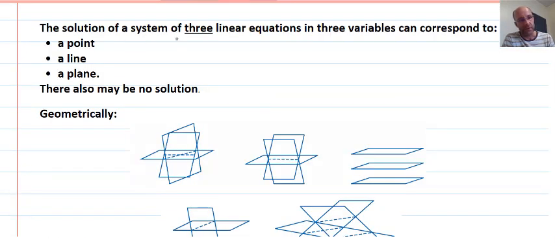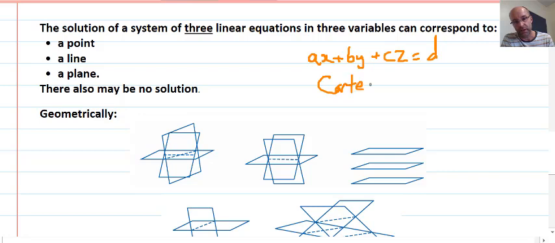Extending this out into the solution of a system of 3 equations in 3 variables, we have different interpretations. When we're talking 3 variables, we're not talking about lines, we're talking about planes. And we've seen in previous videos that ax plus by plus cz equals d is a Cartesian equation of a plane.